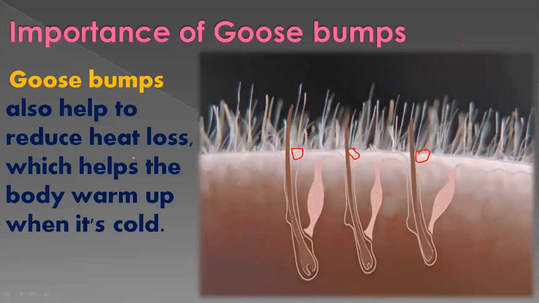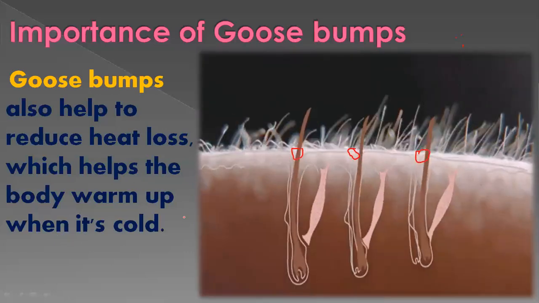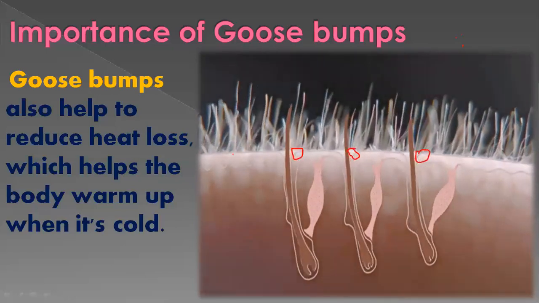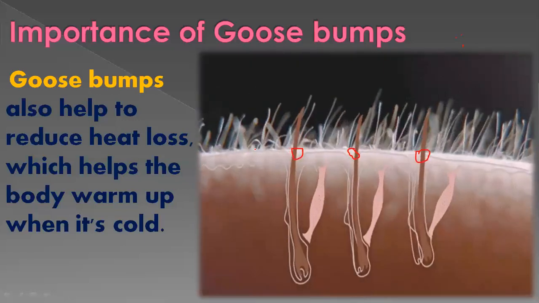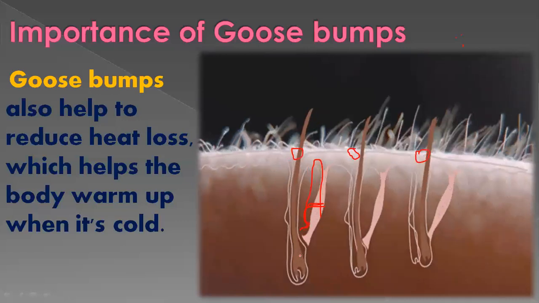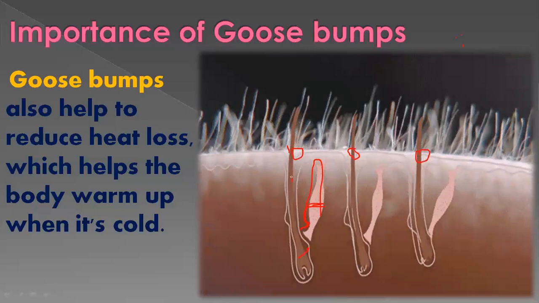They also help to reduce heat loss, which helps the body warm up when it's cold. When it's cold, what happens? We shiver a little, even after taking a bath. These are called erector pili muscles, and when they contract, the hair follicles are raised, they move upward, and the hair becomes straight, and due to that our hairs are raised.